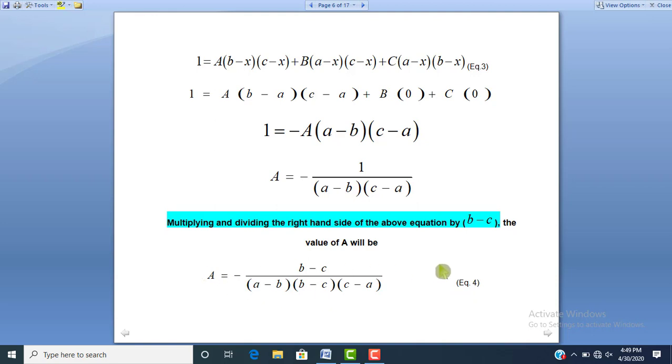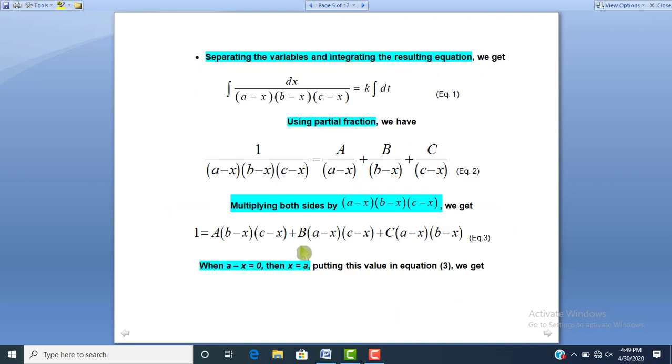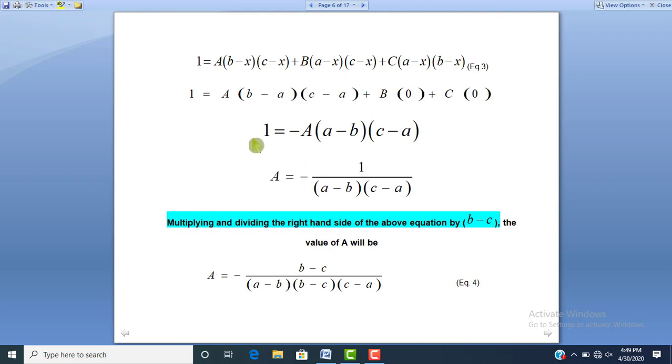And this equation number 4 has been obtained by taking the value a minus x is equal to 0 and x is equal to a. So when we write the value of a instead of x, equation 3 became 1 is equal to minus a into a minus b into c minus a.